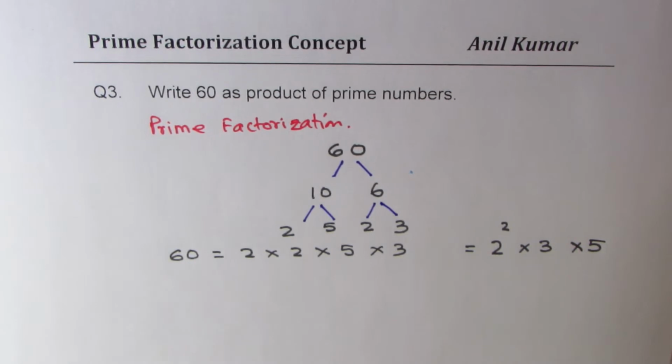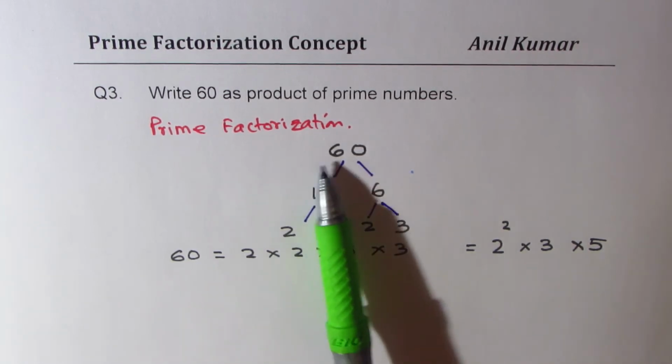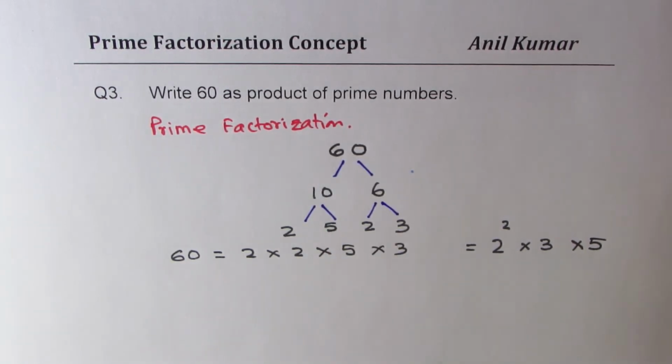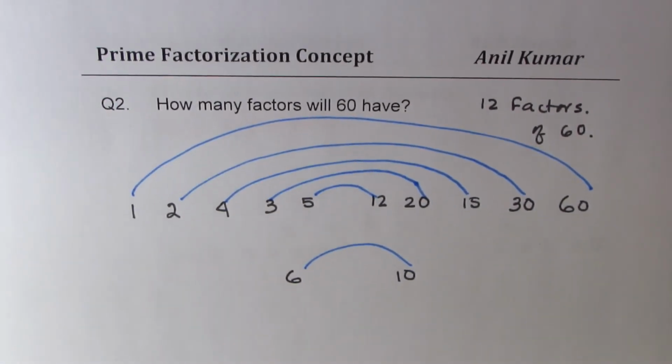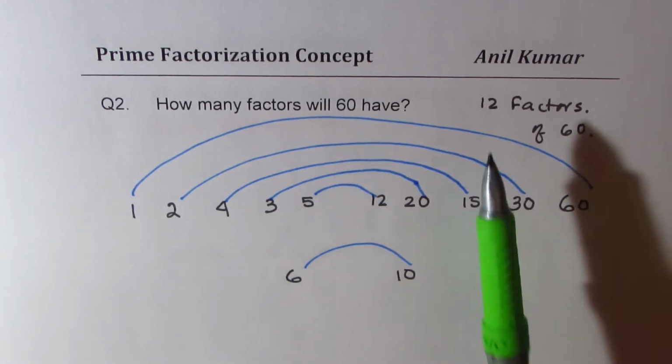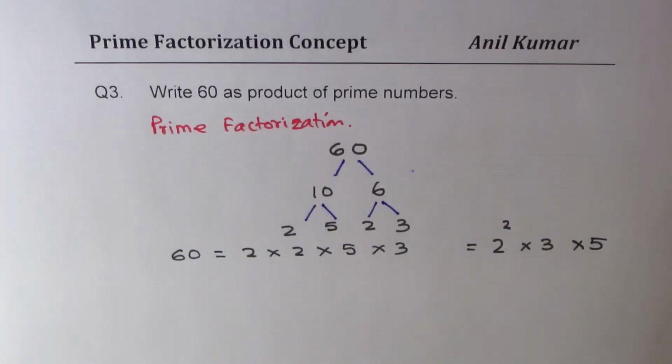Now, actually, we have a similar situation here, right? You will notice that 60 has been written with these combinations, and prior to this, we actually found the number of factors, and we found that the number of factors of 60 are 12, correct?